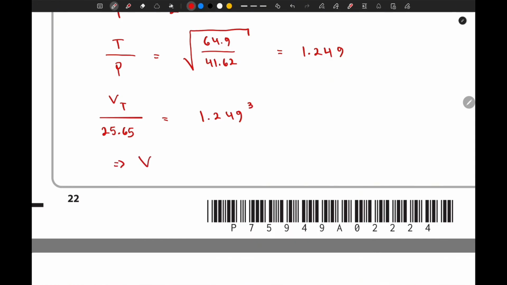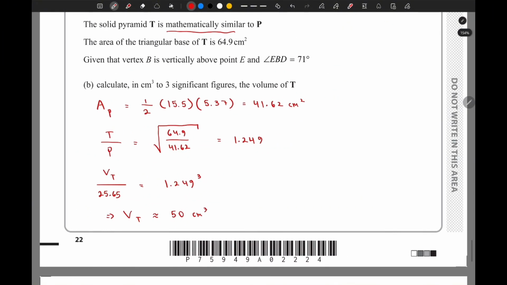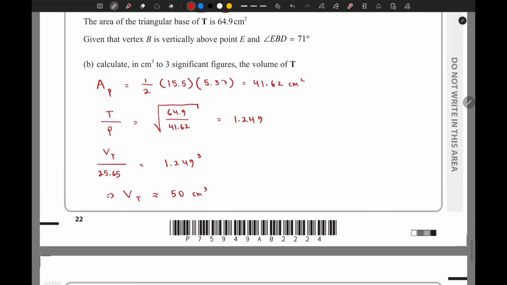So now we can easily find the volume of shape T. It's 25.65 times 1.249 cubed, which is equal to 49.9, or you can just write it as 50 centimeters cubed. If you round it off to three significant figures, it is 50 centimeters cubed. So this is the answer to this part.